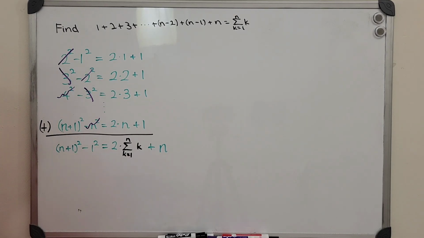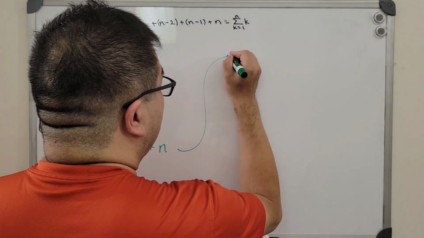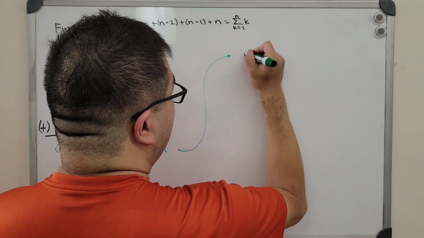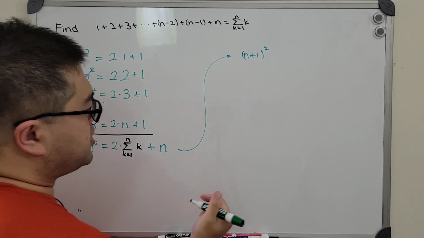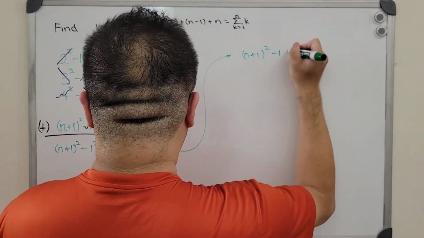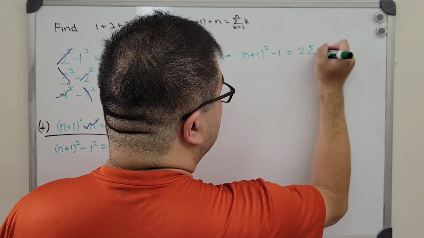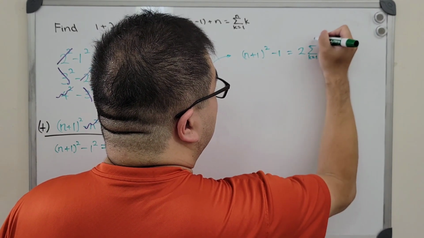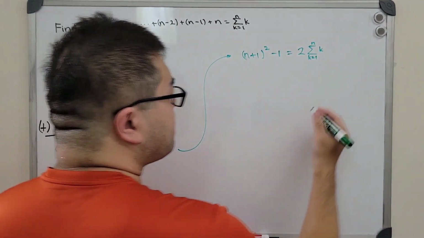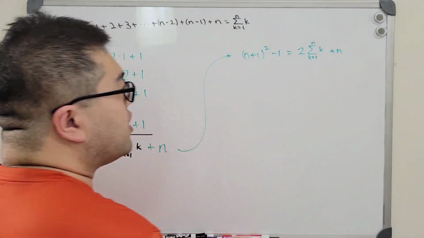And therefore, now as we move to the right hand side of the board, we will actually get n plus 1 quantity squared minus 1 squared, which is actually equal to minus 1. That's equal to 2 times the summation k equals 1 to n plus n here.